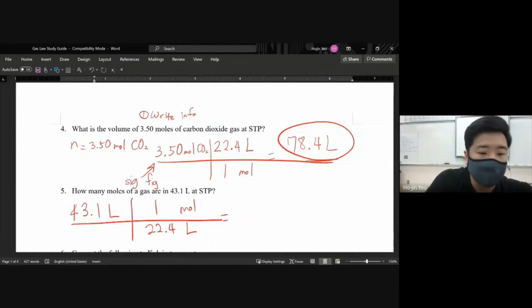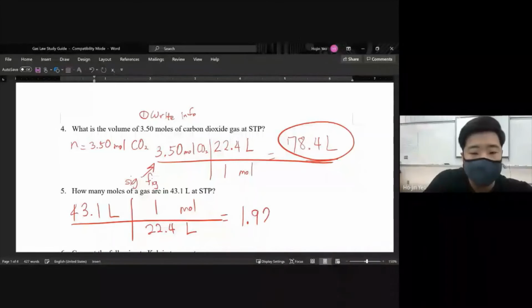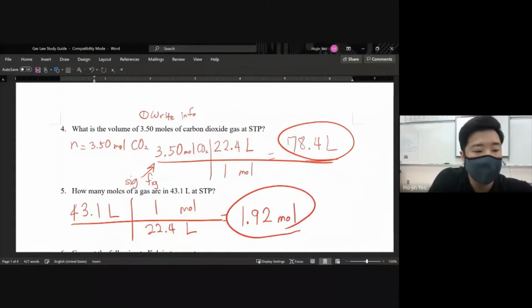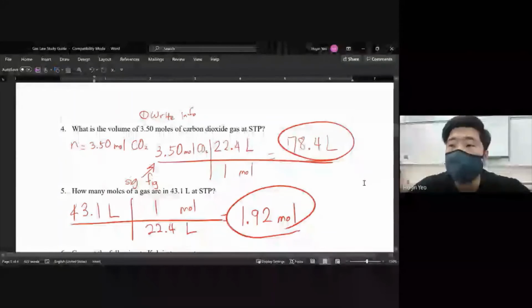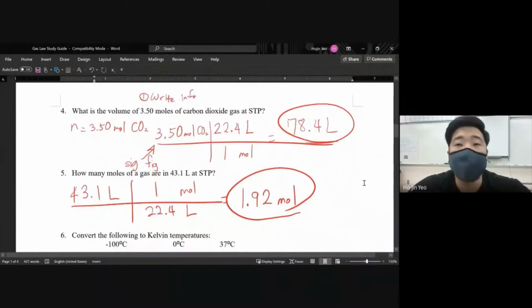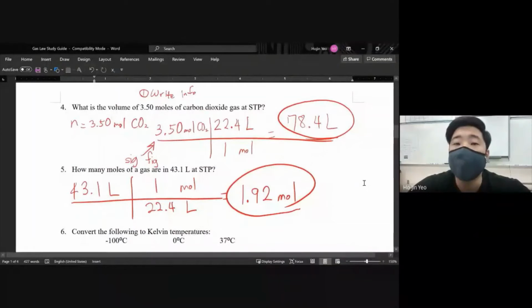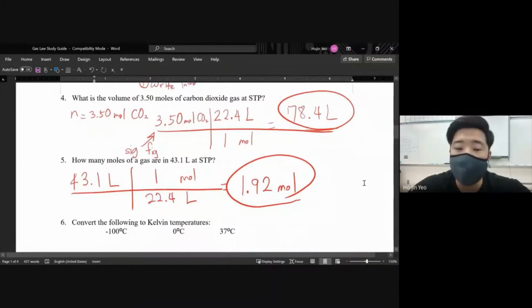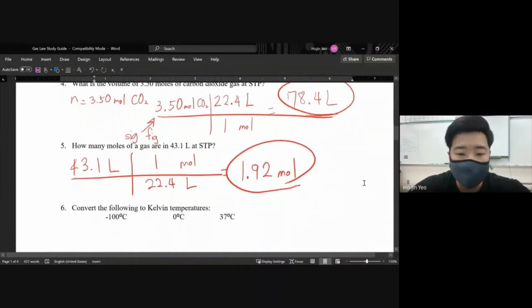So by solving this out, this should give you 1.92 moles. And that's how you figure out this question. It should be pretty simple because it's kind of a refresher from stoichiometry of things that you have used for grams, moles, and atoms and particles.